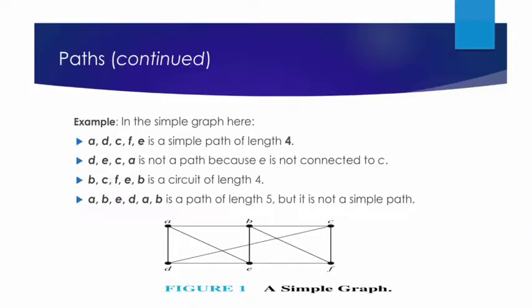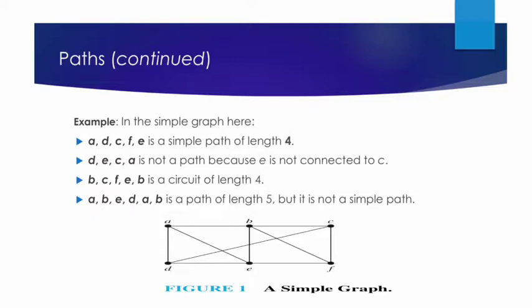So in the simple graph shown in figure 1, A, D, C, F, E is a simple path of length 4, because the edges {A,D}, {D,C}, {C,F} and {F,E} are in the graph. However, D, E, C, A is not a path, because {E,C} is not an edge.